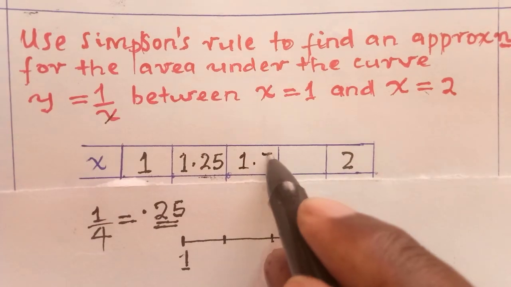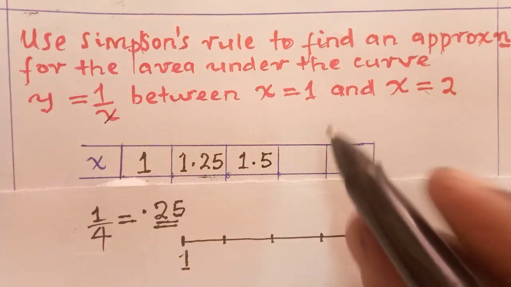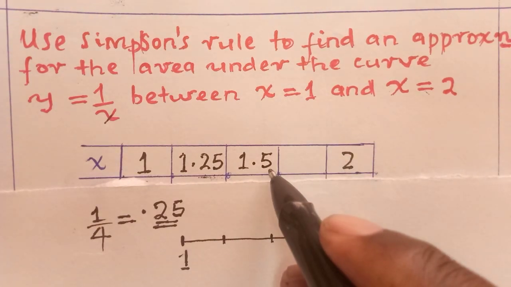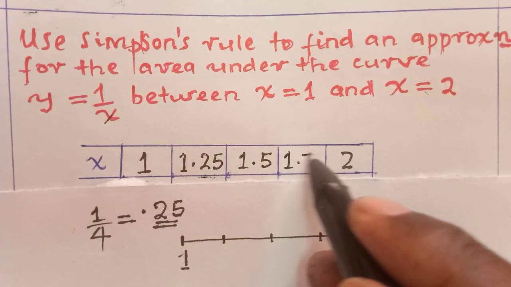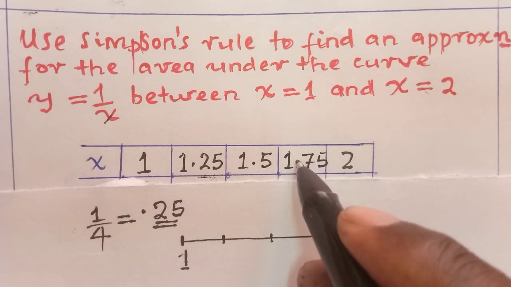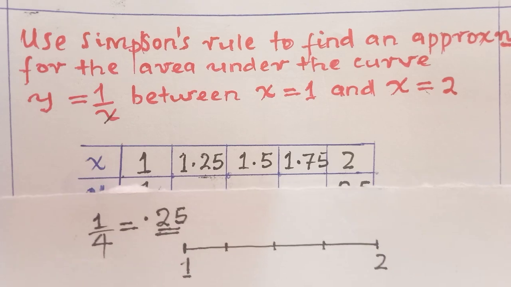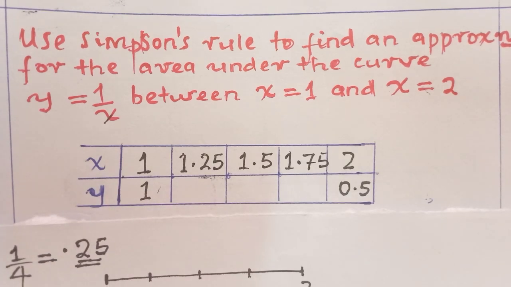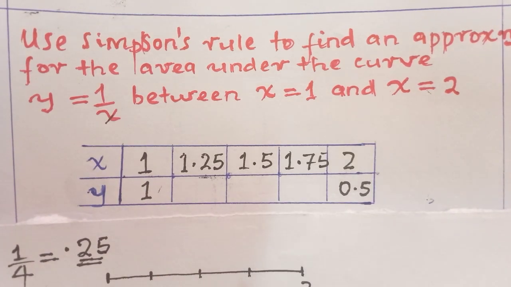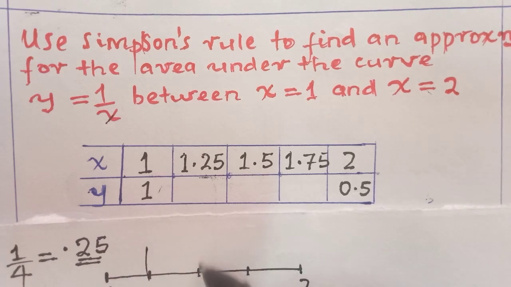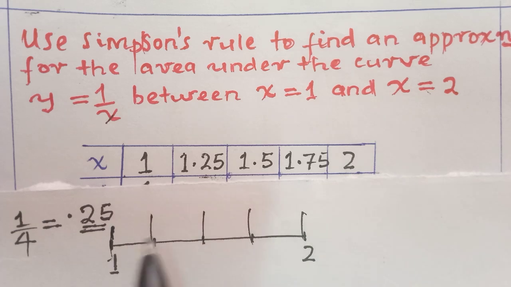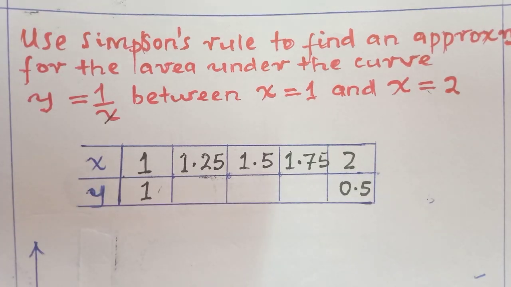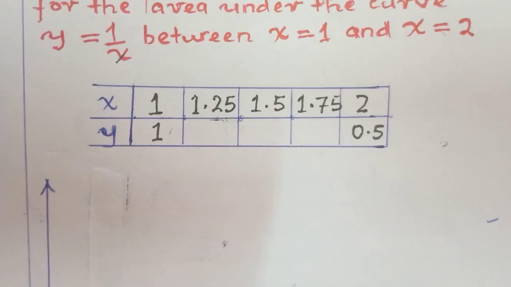And 1.5 plus 0.25 gives us 1.75. So those are our requirements for x, so that we have the 4 strips. Remember, these are the strips we are talking about, 1, 2, 3, 4. But we shall draw them well later, because I have a diagram here where we are supposed to draw them.